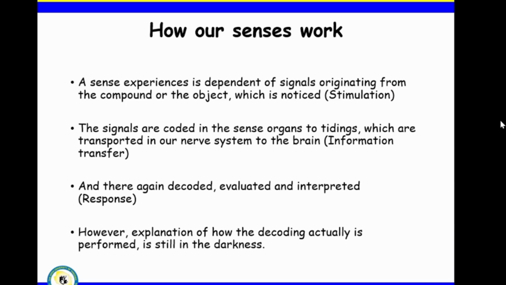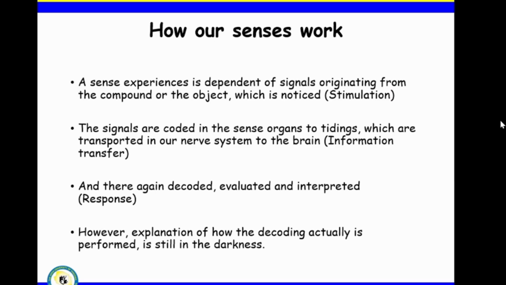And another issue is about the signals which are coded in our senses, whereby after you have seen a certain object and been stimulated, the signals are coded in the sense organs into tidings which are transported in our nervous system to the brain. And that is what is called information transfer.